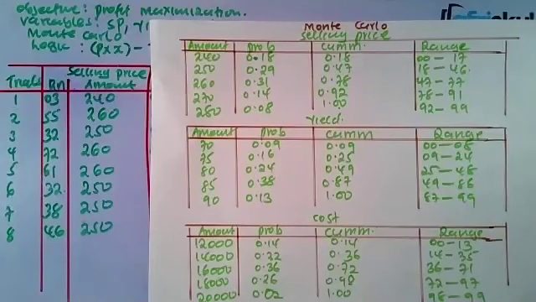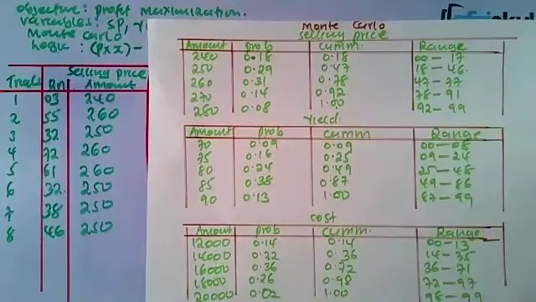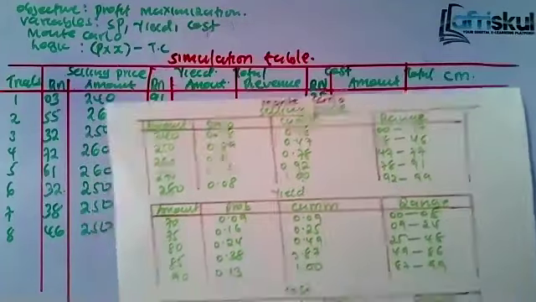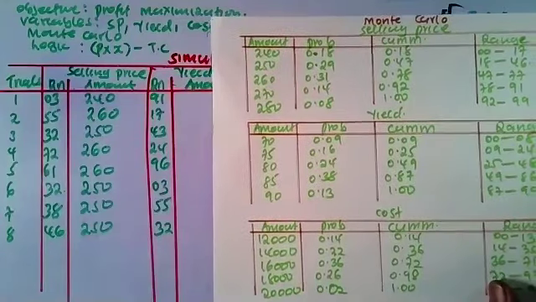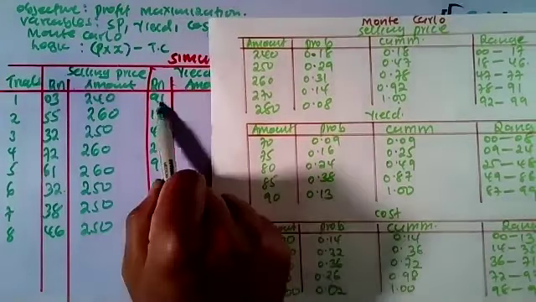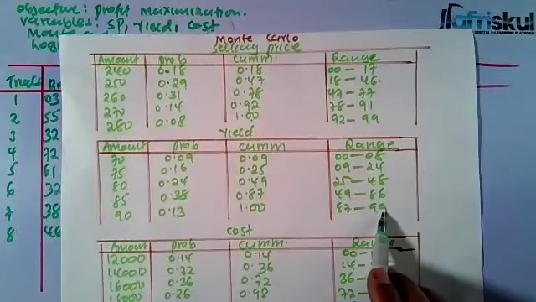I want us to go to the second one, the yield. For the yield, unakuja sasa hapo. The first random number is 91. So unakuja hapa 91. 91 is in between 87 and 99.